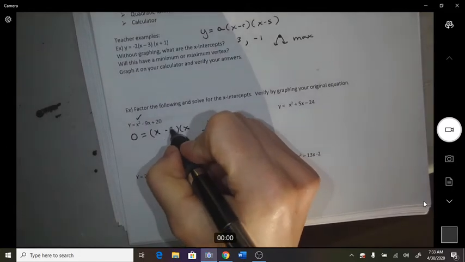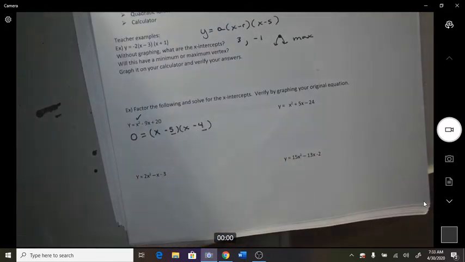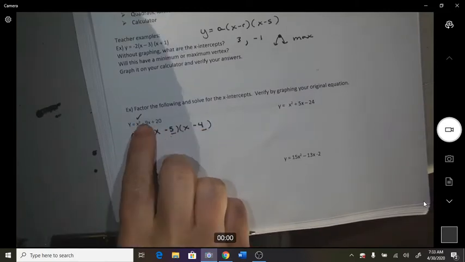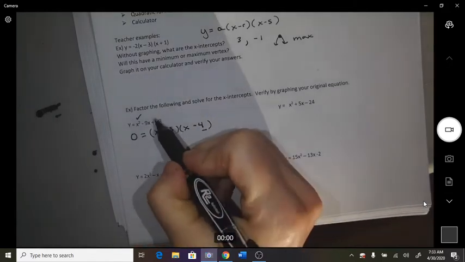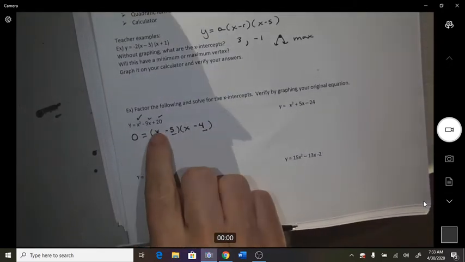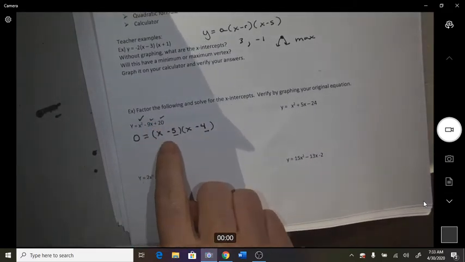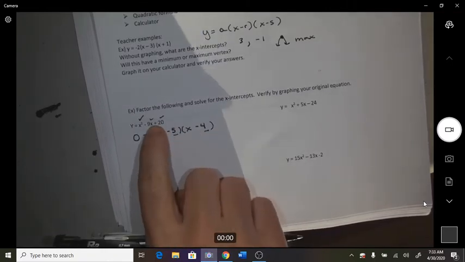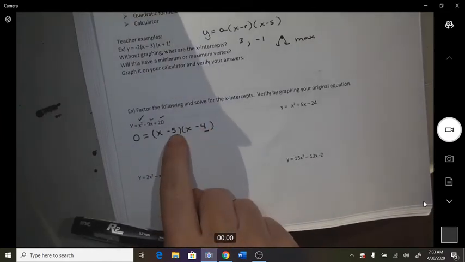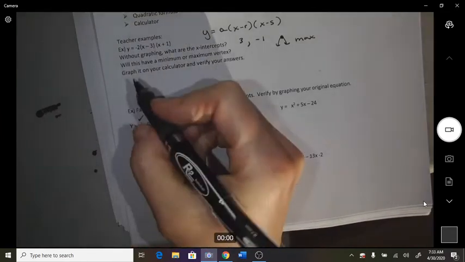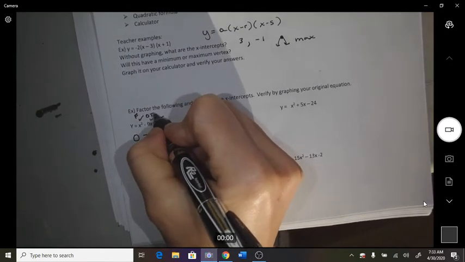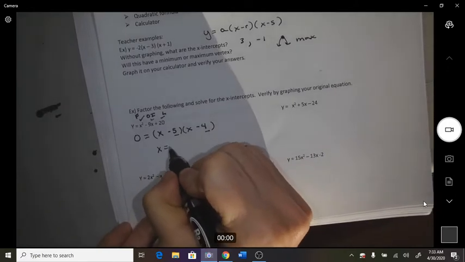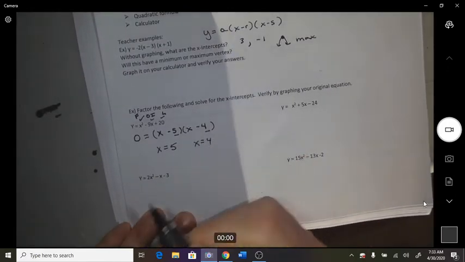So a negative 5 and a negative 4, those two numbers multiply to 20, add together to get negative 9. So if I FOIL, first times first, x squared, minus 4x on the outside, minus 5x on the inside is my minus 9, and last times last is 20. So that's the FOIL. So now I can say that x equals 5 or 4.